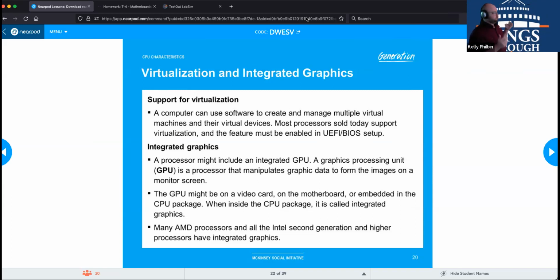Kind of like now, on many systems, the North bridge itself is integrated into the CPU rather than being on the motherboard, because it helps speed up that communication. Now many AMD processors and all of the Intel 2nd gen and higher processors have integrated graphics already built into the CPU itself.